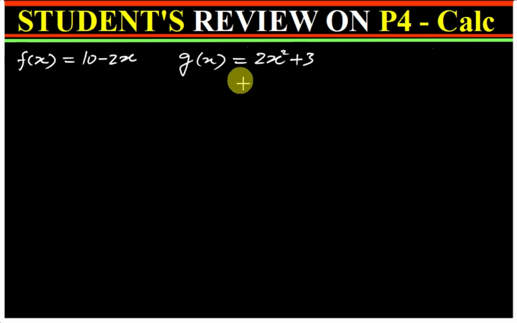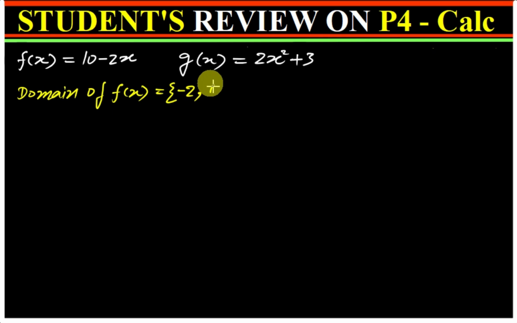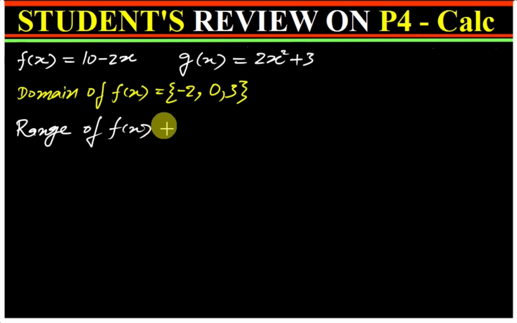The domain of f(x) was also given, something like minus 2, 0, 3. So it was asked to find the range. We are supposed to find the range of f(x).